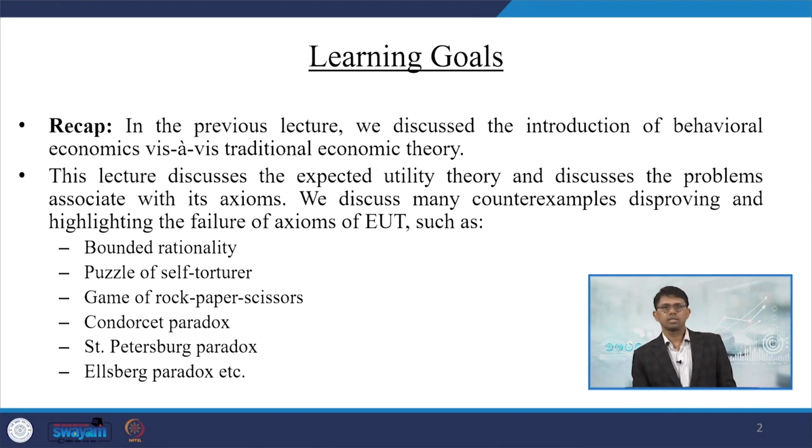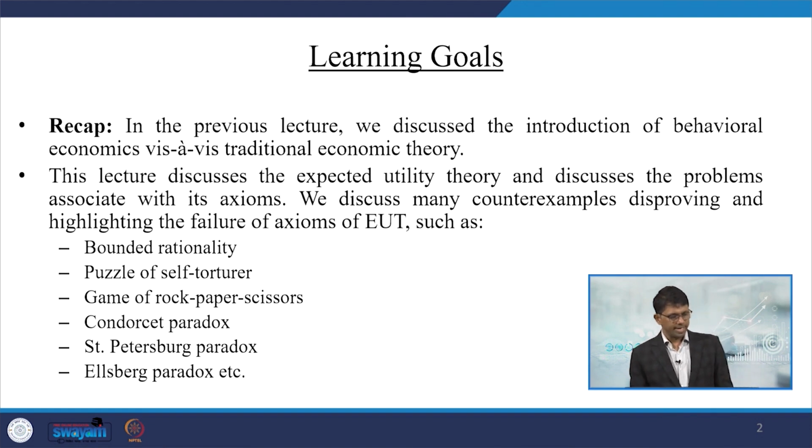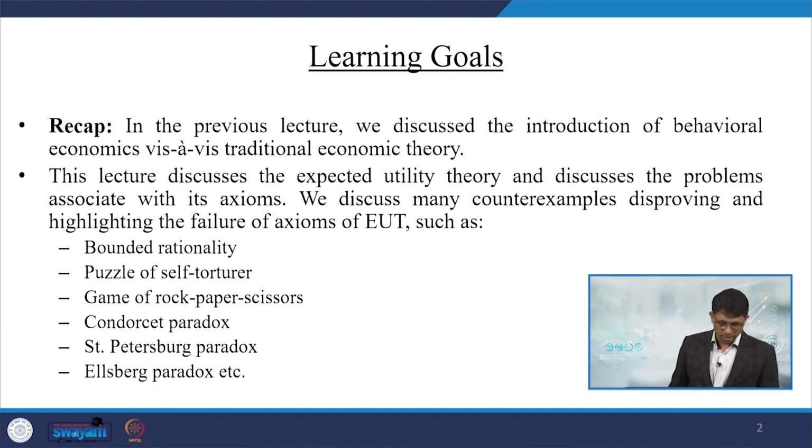We will discuss many counter examples disproving and highlighting the failures of the axioms of expected utility theorem, such as bounded rationality, puzzle of the self torturer, game of rock paper and scissors, then Condorcet paradox, and then St. Petersburg paradox, then Ellsberg paradox, etc.